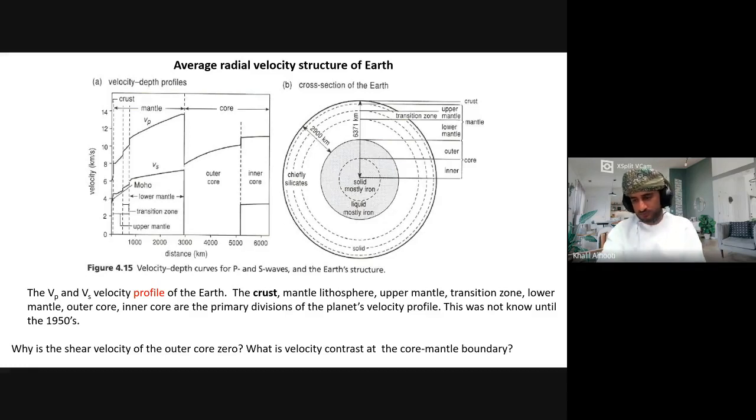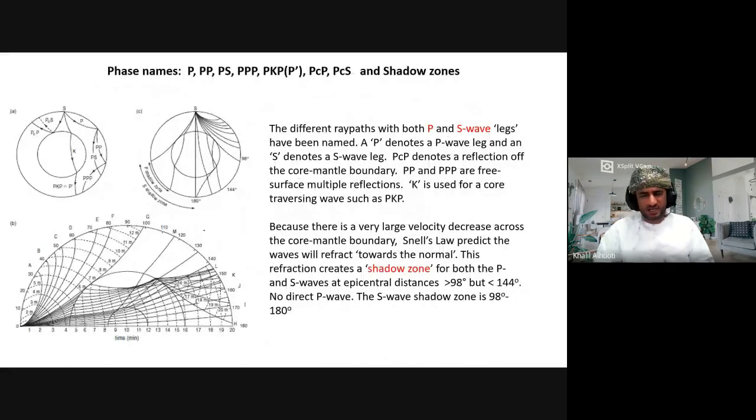So there is no shear wave in the outer core because the outer core is made of liquid. And how did they discover this? How did they find that the outer core is liquid? It's because of what we know as phases. If S is my earthquake, it happens somewhere here in the crust.